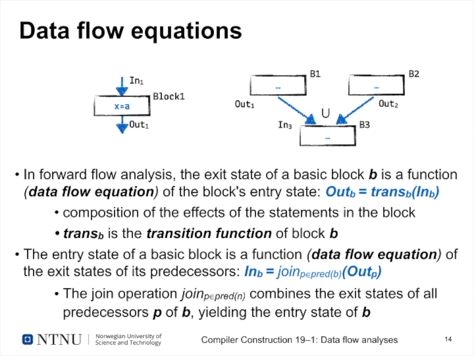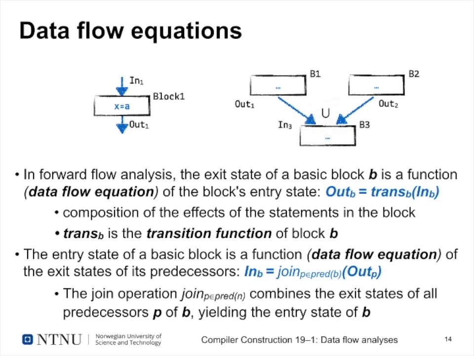Now, this is simple as soon as we have a single basic block. What happens if we have a join of control flow? Then we have to consider any path we are arriving on. For example, we have a path going via B1 and another path going via B2, and they join here in block B3. As the input set of block B3, we now have to consider the join of both information sets coming in from B1 and B2.